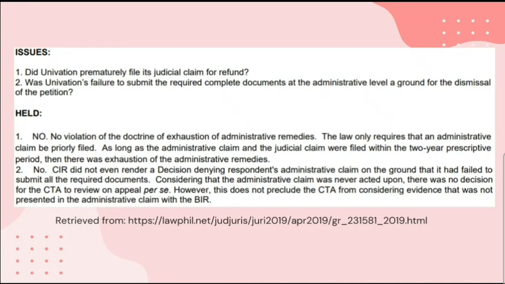Because it shall be noted that the failure to file the claim for refund or credit within the 2 years from the date of the payment of the tax shall result in the forfeiture of the tax subject for the claim.